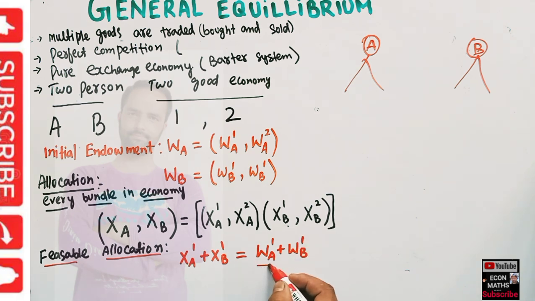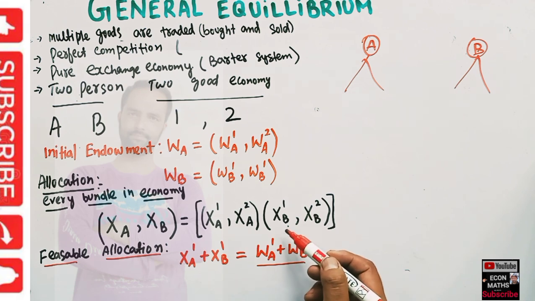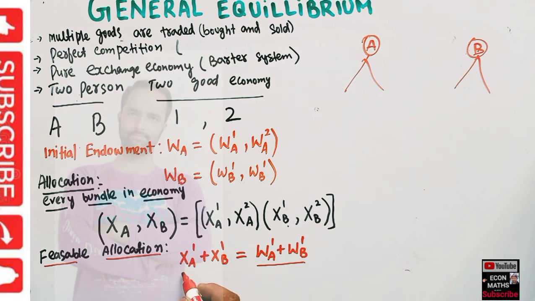This denotes the total endowment of good 1, the total supply of good 1 by person A and B, and they should be equal.